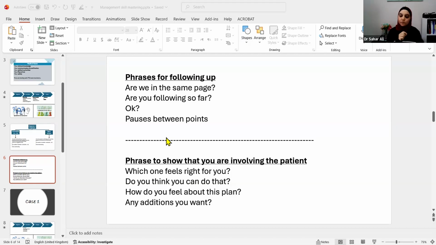The last thing, if the patient asks you something that you never heard about and you don't know the answer, it's always better to tell the patient, well, I do not have the answer now, let me double check and get back to you. Avoid the senior in every single station and every single thing.